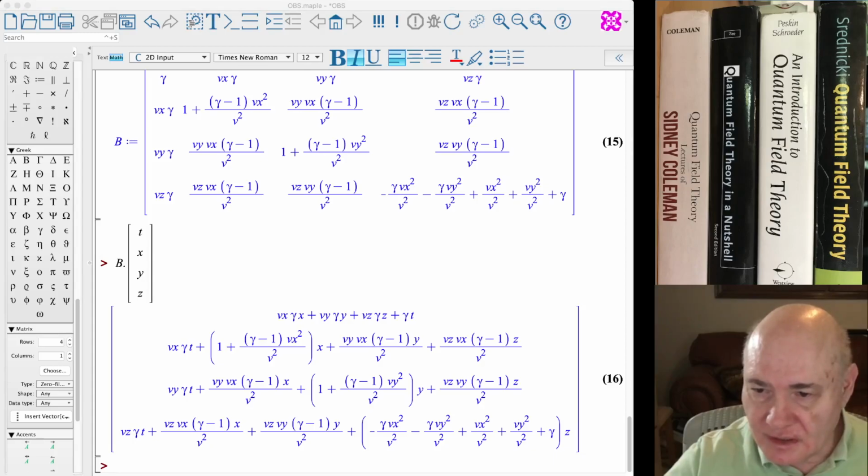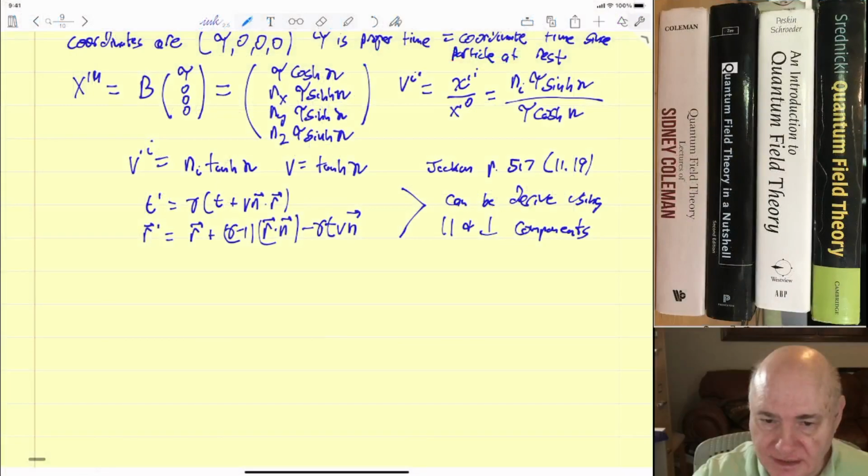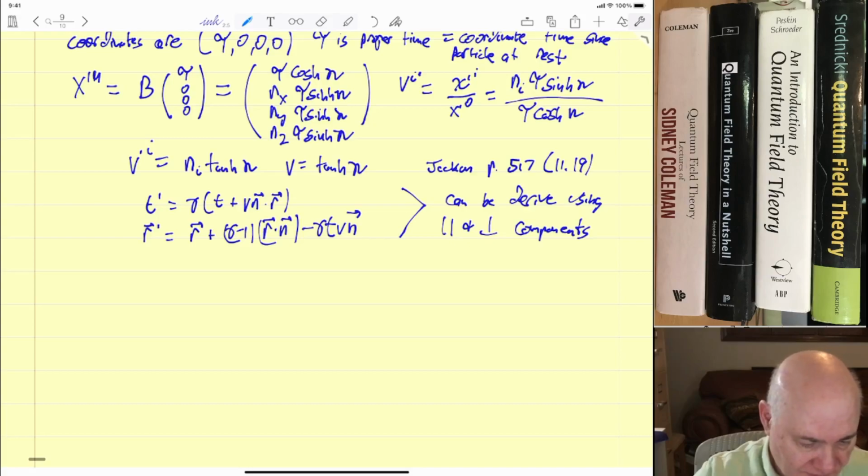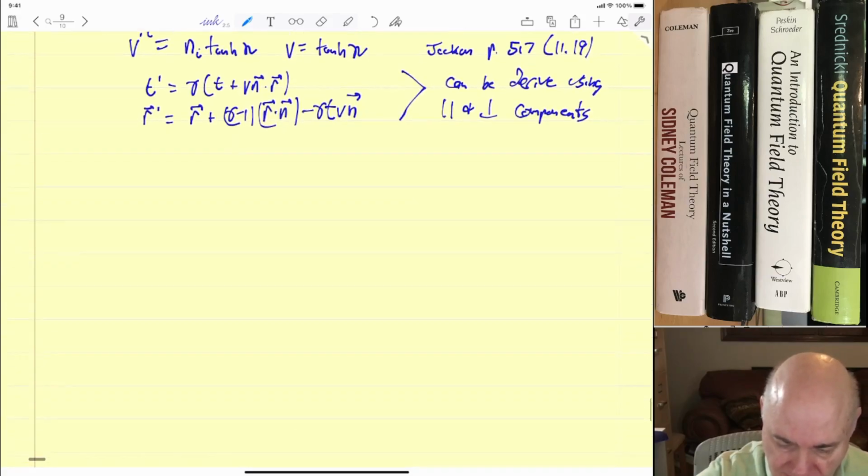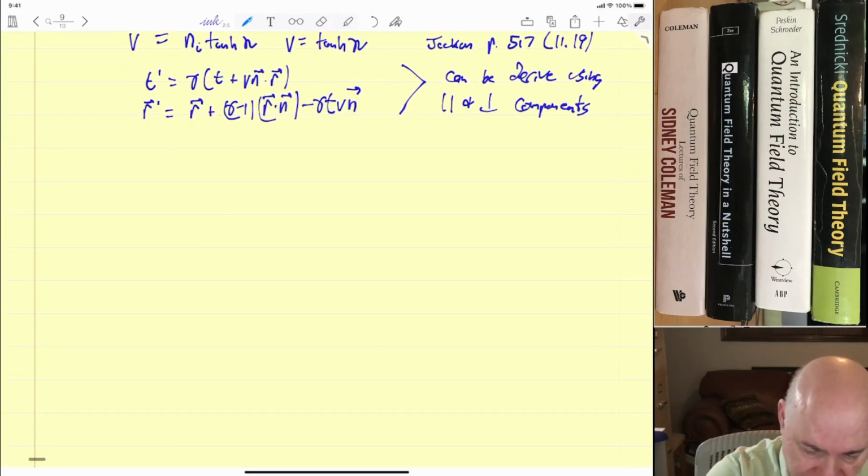So let's go back. That sort of does the general Lorentz transformations. And now I want to do this factor theorem. I don't think that it has a name or anything, but it's an important theorem.